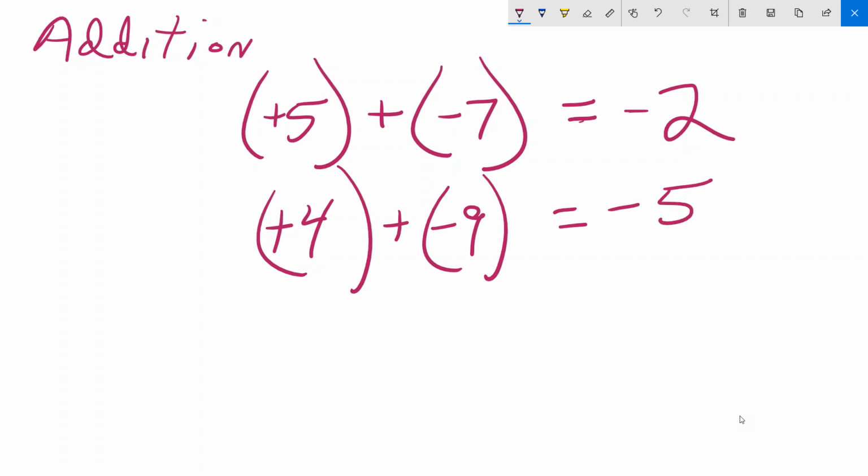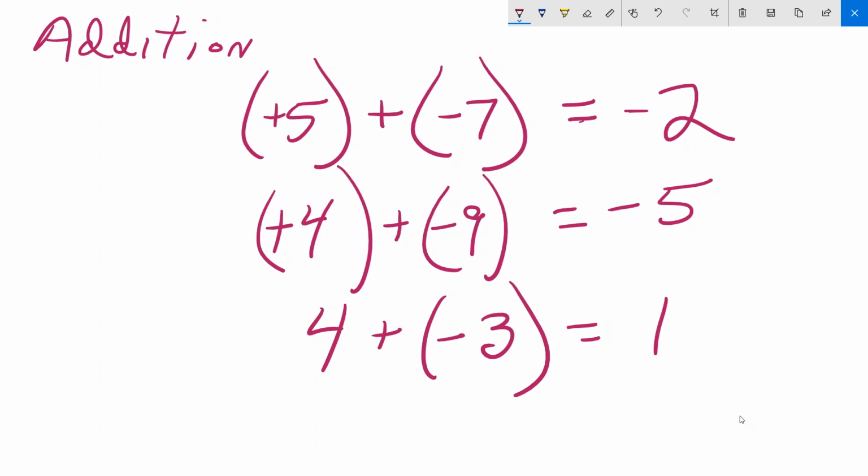These can look a little different. In other words, I don't always have parentheses around them. So what's that? +1.